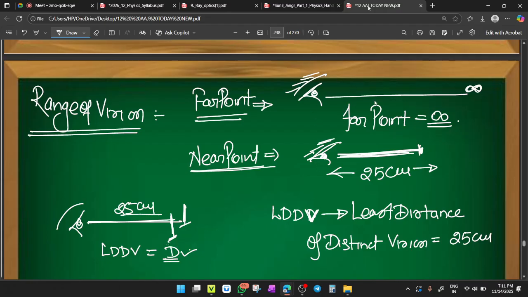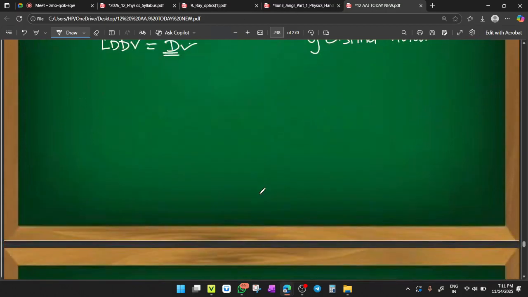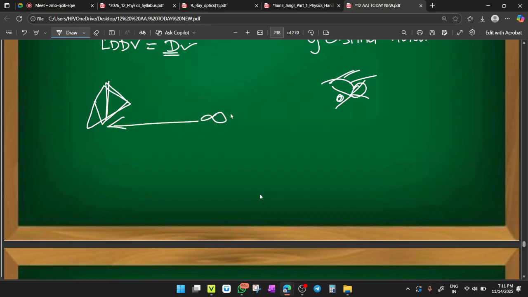LDDV. Far point is equal to infinite. The far point depends on the size of the body. Stars are very, very large, and stars can be seen by the human eye without using any aid, so they are supposed to be at infinite distance.